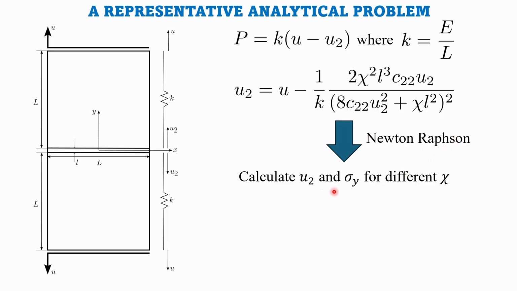So after Newton-Raphson, we calculate u2 and sigma y using the previous expression for different values of chi. Chi, or GC by LC, is essentially your phase field parameter. This is parametric. As and when you change chi, you get different values of u2 and sigma y, of course.